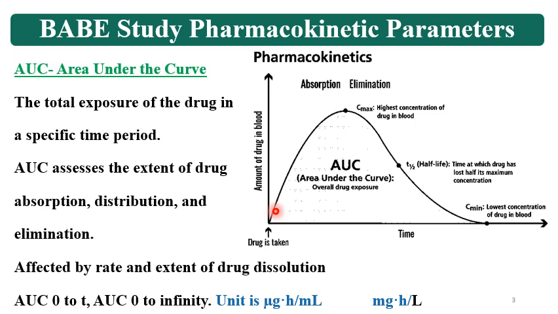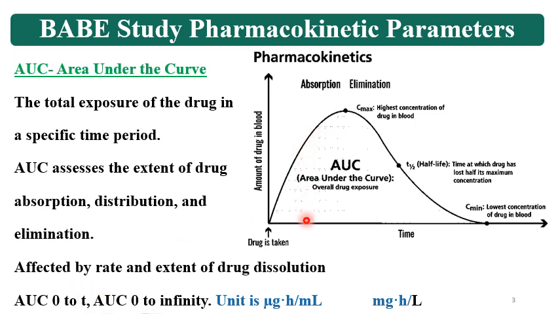AUC is affected by the rate and extent of drug dissolution. The drug gets dissolved and it gets absorbed. So if it dissolves faster, then your Cmax will be reached at a faster rate. Then the extent will depend on the elimination. Generally AUC is 0 to t, that is a specific time point.